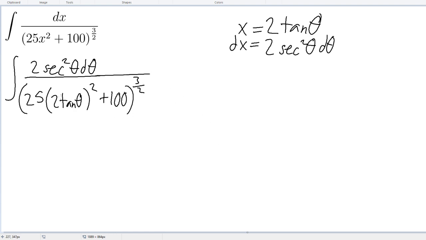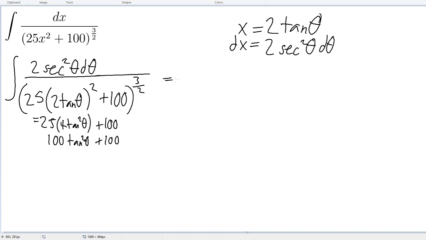This simplifies: 2 times tan theta squared is 4 tan squared, and then this becomes 100 tangent square theta plus 100.